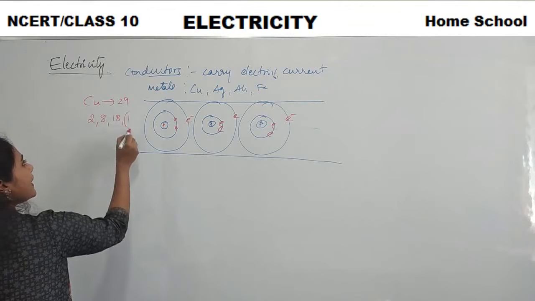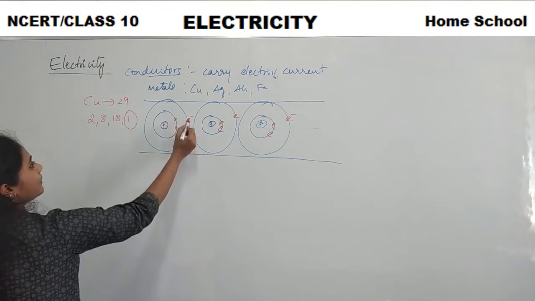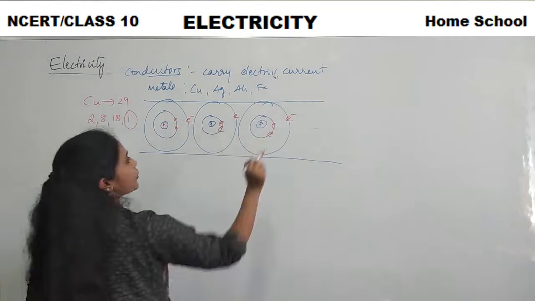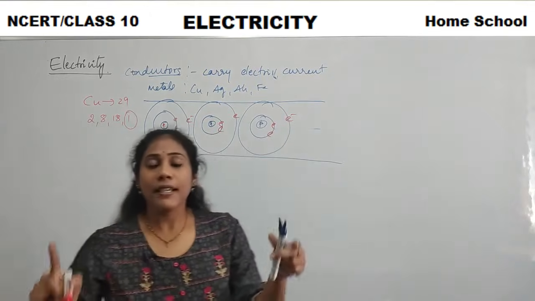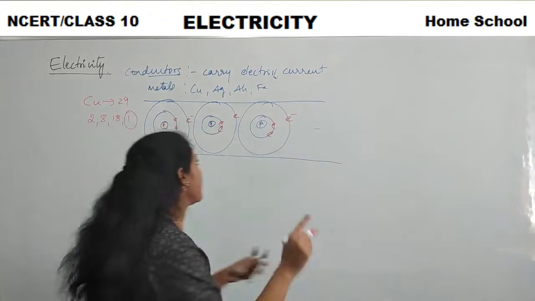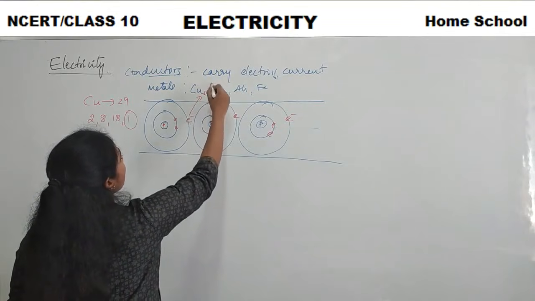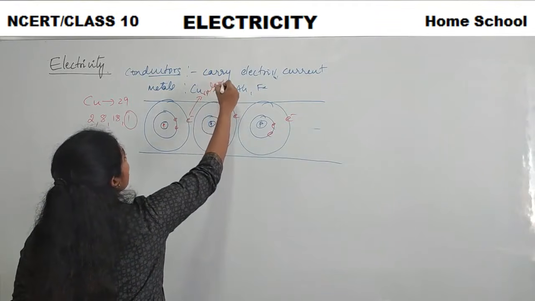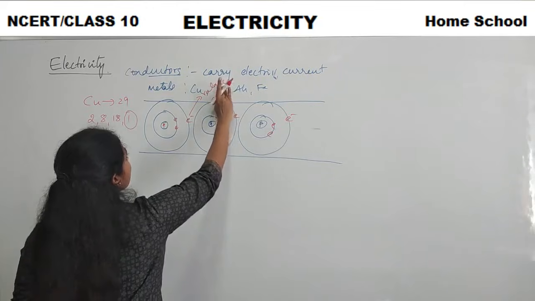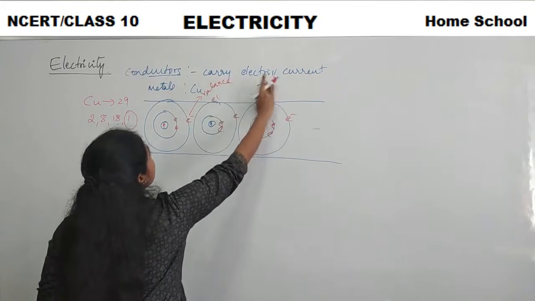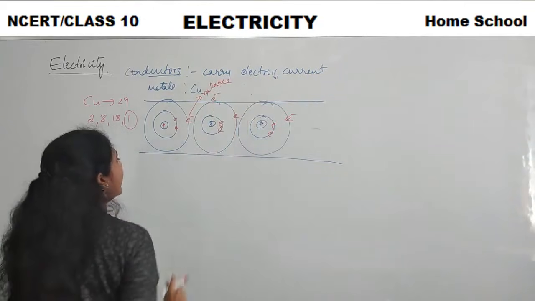The last shell has only one electron. I am concentrating on the last shell because the electrons present in the last shell we call valence electrons. We call this electron a valence electron.